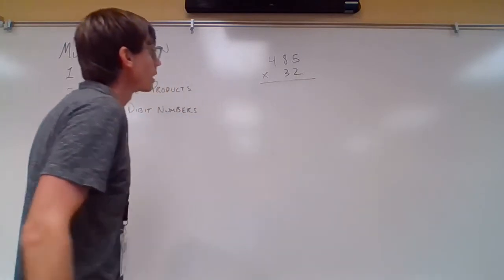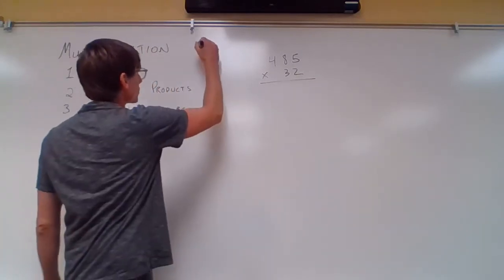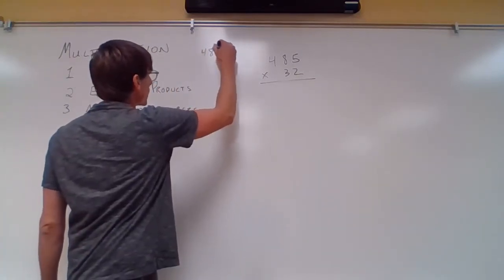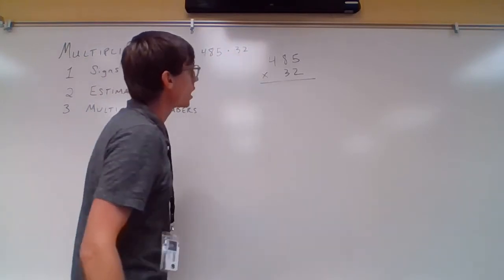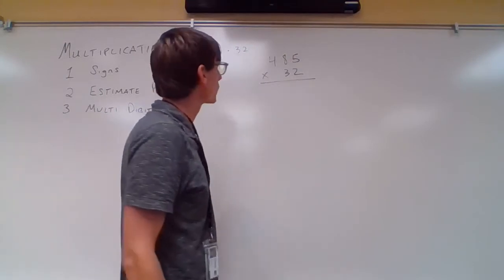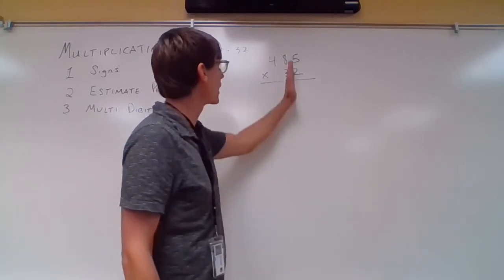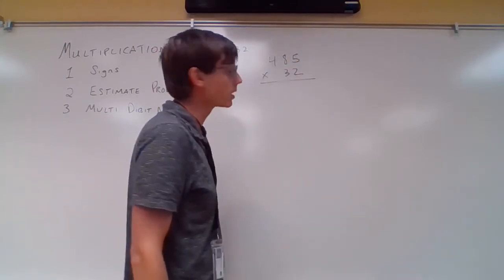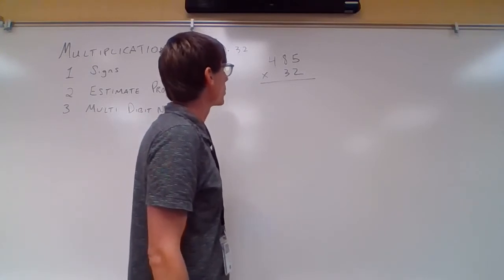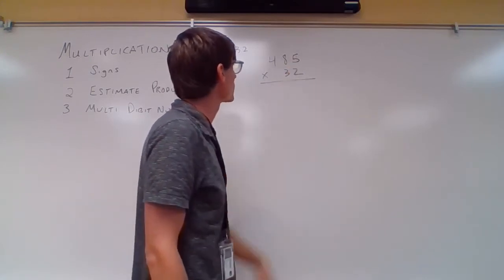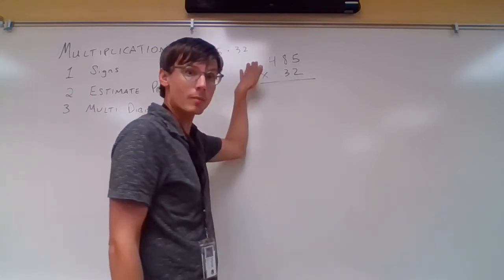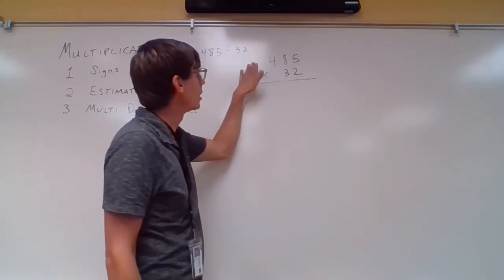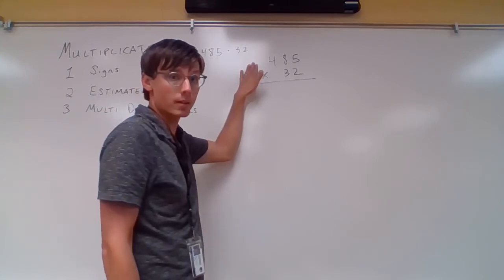First off, if it was written like 485 dot 32, and we want to write it in our vertical format, it's going to be easier. We're going to line up our numbers when we are multiplying. We want to line up those ones digits, the smallest number on the right. And then typically you want your larger number on top. It's just going to make it easier when you're actually multiplying and adding up those numbers.